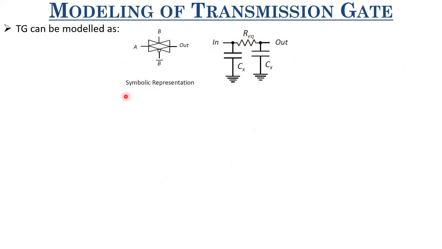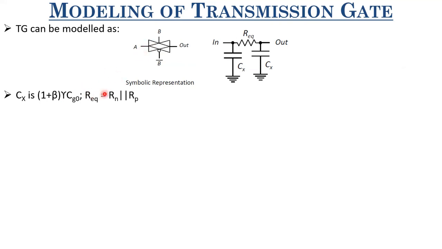So now let us look at this Cx value. If we are designing this such that both NMOS and PMOS have same equivalent resistance, then NMOS should be sized as 1, PMOS should be sized as beta. So what is Cx here? Cx is simply 1 plus beta gamma Cg0, right?